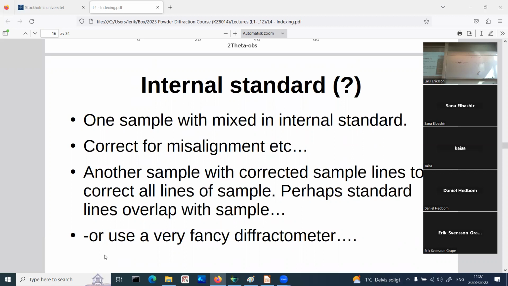Silicon, for example, has the first peak at 28 degrees. If all of your interesting peaks are before 28, then perhaps it's not a very good solution. You need some other.